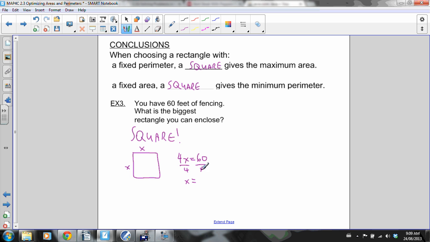I get 60 divided by 4 is 15. And so then 15 by 15. A 15 by 15 foot square gives the biggest area. And notice we didn't need a table there. When we're after the best shape, we know it should be a square.